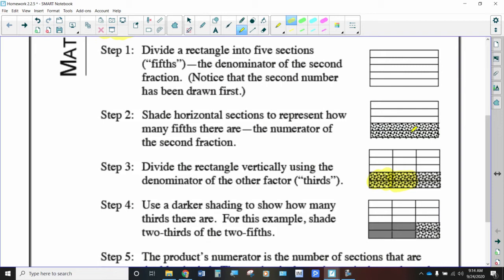And that entire section that was shaded in represented 2/5 of the total, or of the whole unit rectangle. So when you break this down, these 4 parts represent 2/3 of 2/5 of the whole. What you end up with is 4 out of the total 1, 2, 3, 4, 5, 6, 7, 8, 9, 10, 11, 12, 13, 14, 15.